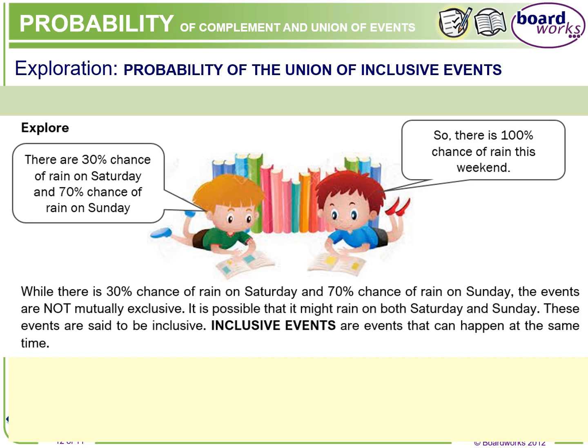There could be a female who has curly hair. So the two events are inclusive because there are common elements, or it can happen at the same time, right? So those events are called inclusive events.